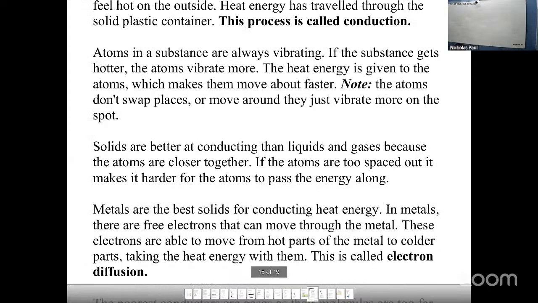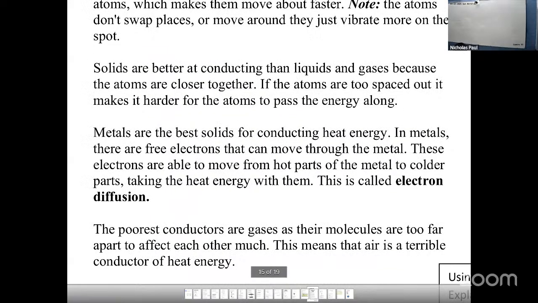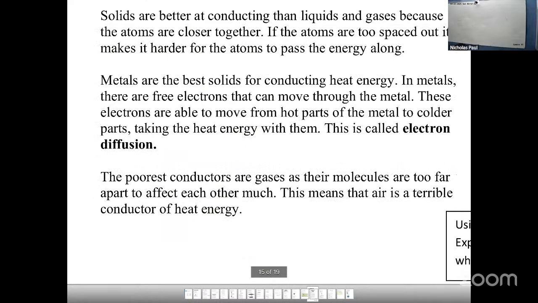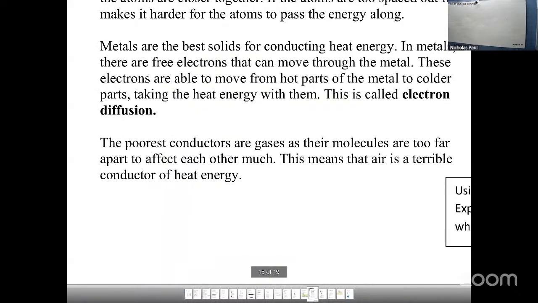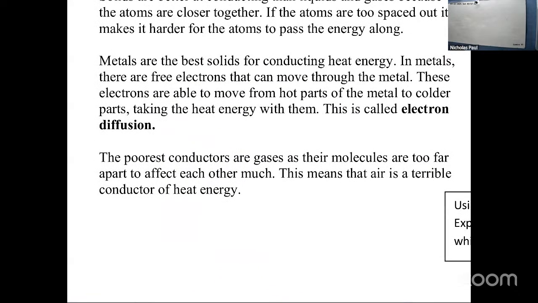Solids are better conductors than liquids and gases because the atoms are close together. If the atoms are too spaced out, it makes it harder for the atoms to pass the energy along. Metals are the best solids for conducting heat energy. In metals, there are free electrons that can move through the metal.